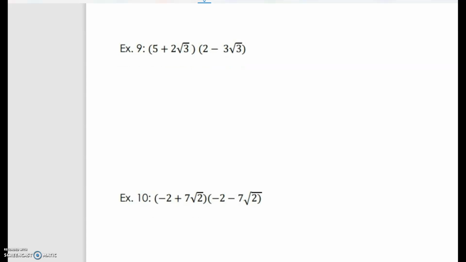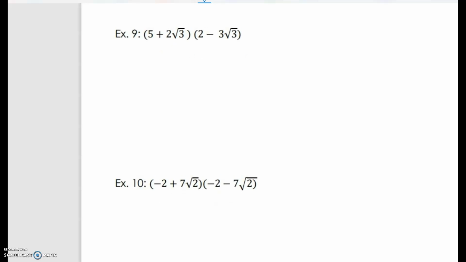All right, example 9. So we see here it's a binomial times a binomial. So when I distribute, I am going to have to distribute both terms. So I've got 5 times 2 and then 5 times negative 3 radical 3. That's 10 minus 15 radical 3.